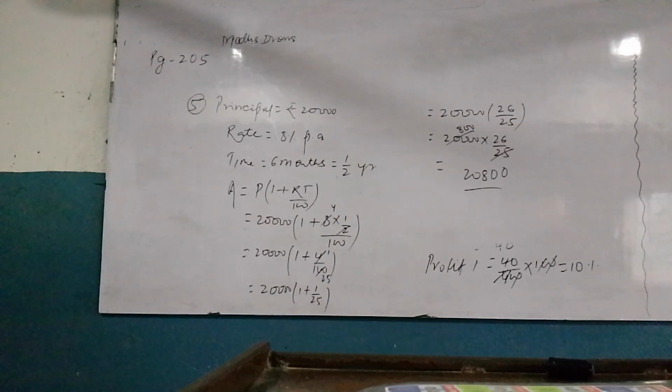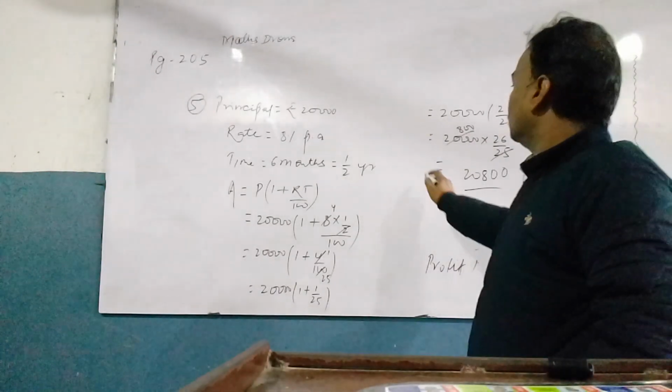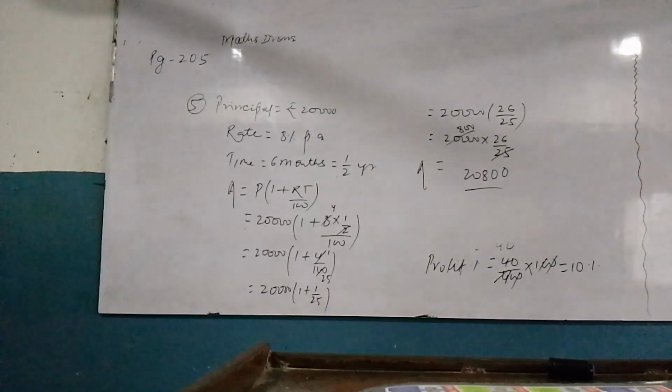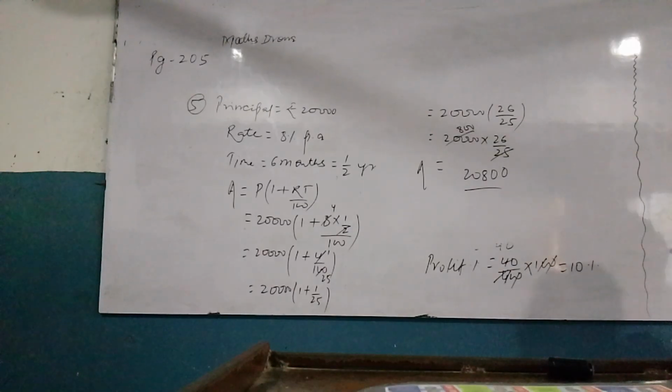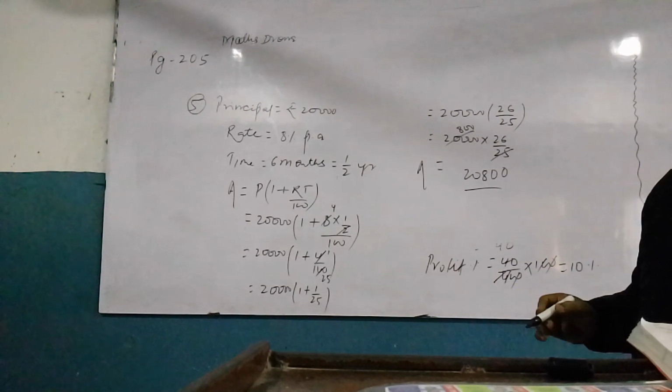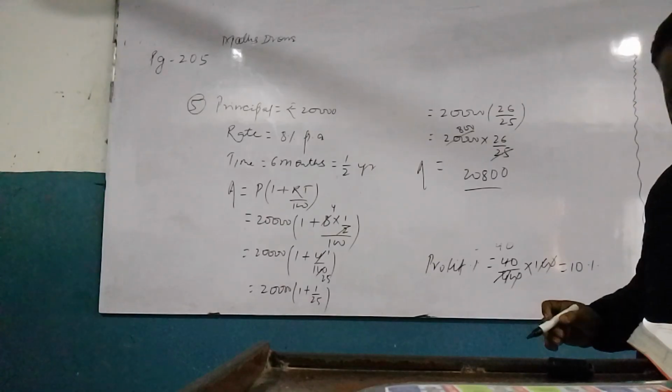So amount is equal to 20,800 and our principal was 20,000, so interest here is 800. But in the blank we will fill rupees 20,800.